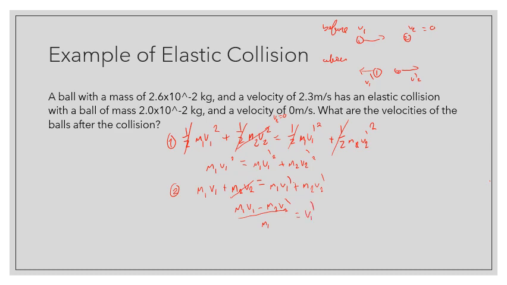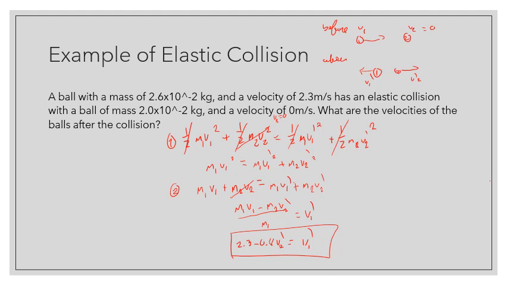If we plug our numbers in, we get v1 prime is equal to 2.3 minus 0.8 times v2 prime. The m1 divided by m1 is just 1, and the m2 divided by m1 gives us the 0.8. So that's how we got this equation.